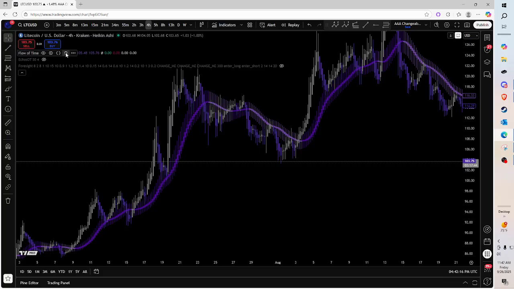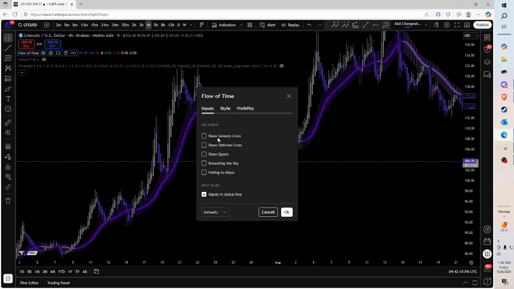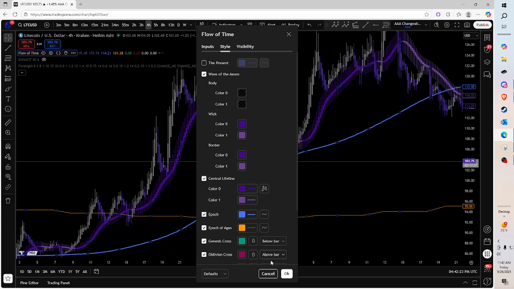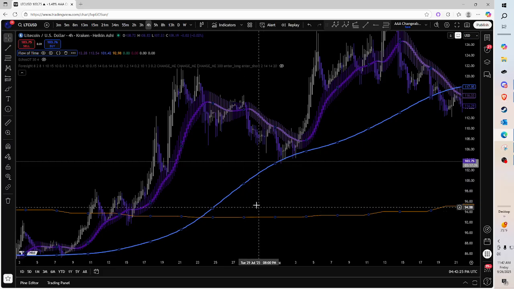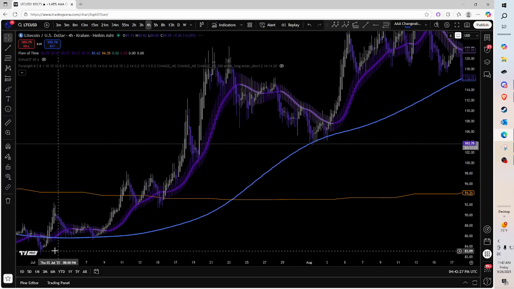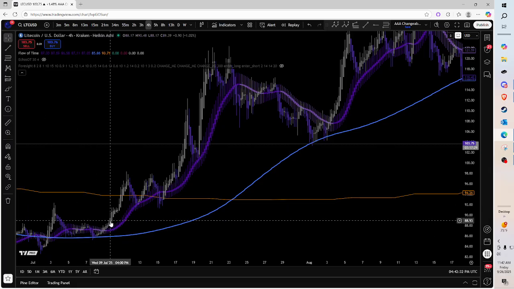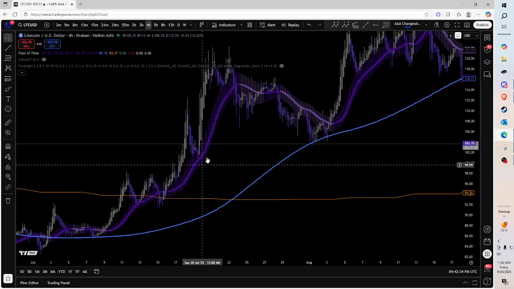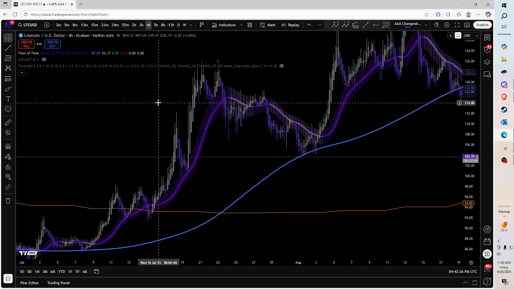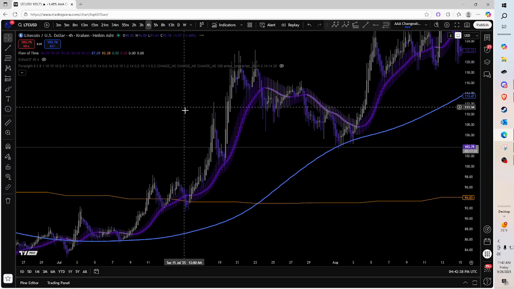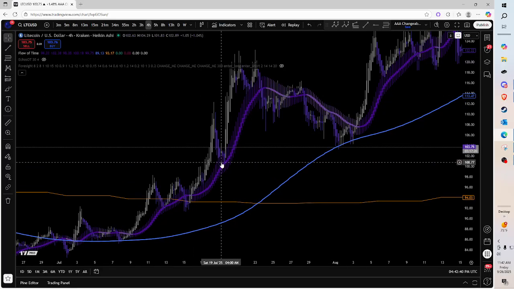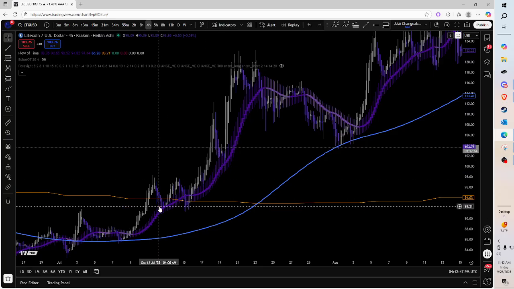Sorry, we're going to turn back on the epoch because this is actually really cool. It's really helpful. Here you can see that you get this strong current, this purple up wave. You see the trend that you're trading. It shows you support when it doesn't seem like there's any other support around. So you can also trade this wave.